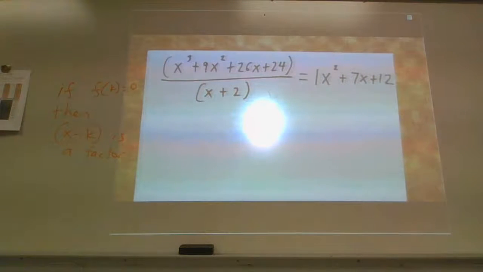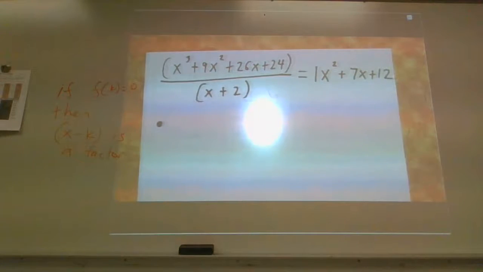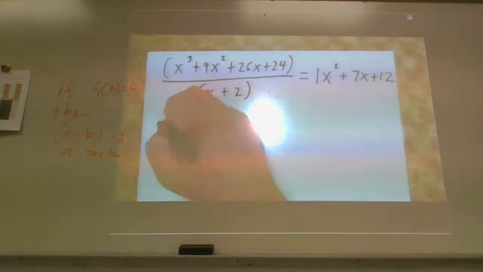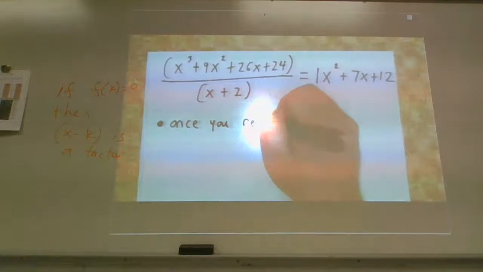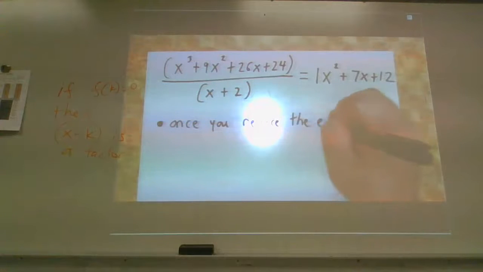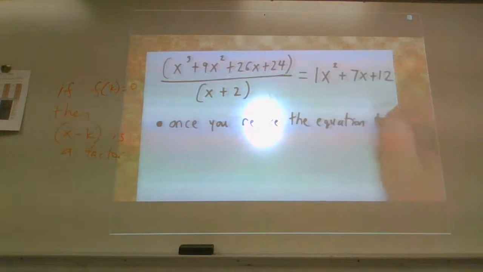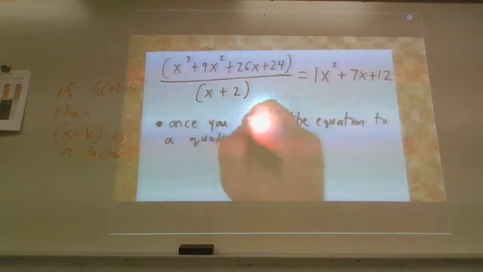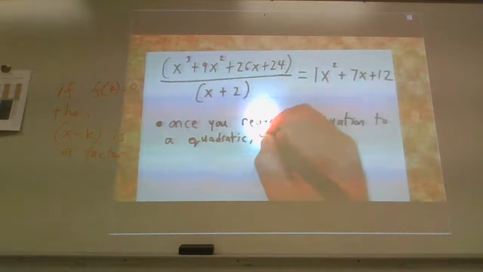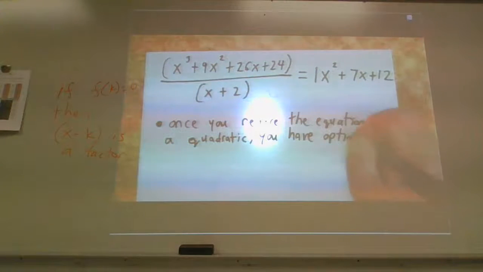At this point, you have options. Let me give you a bullet point here. Once you reduce the equation to a quadratic, you have options.